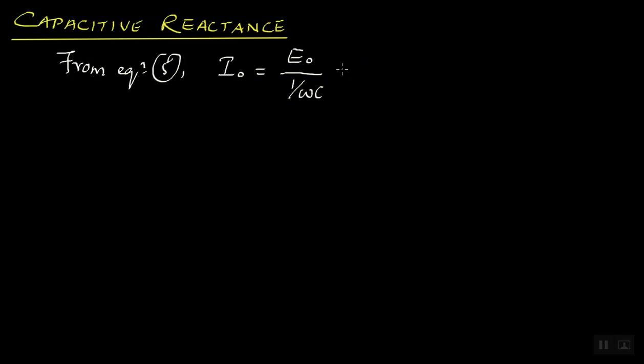Got it? Now, if you compare this equation with this equation, I is equal to V by R. Okay, there's a very good close similarity between these two. So do you agree or not that this part 1 by omega c behaves or is comparable to the resistance?